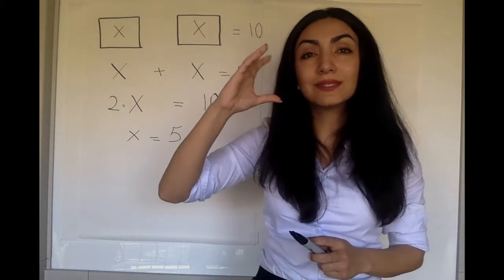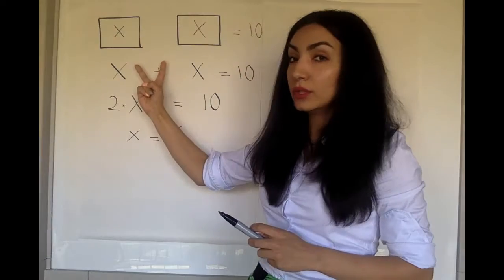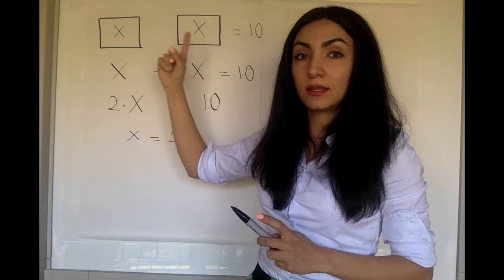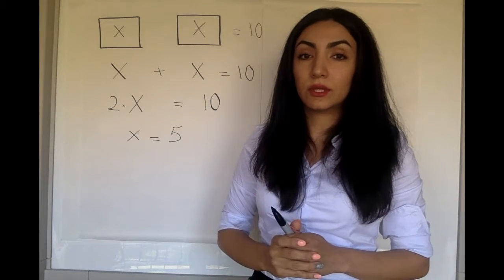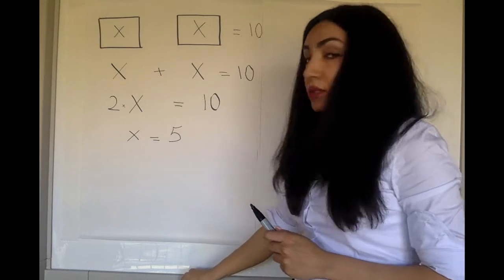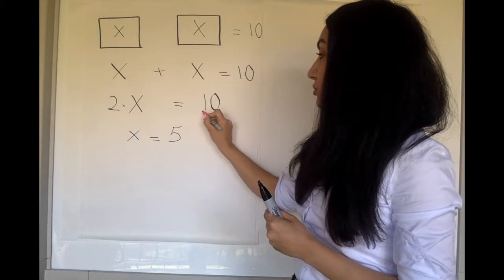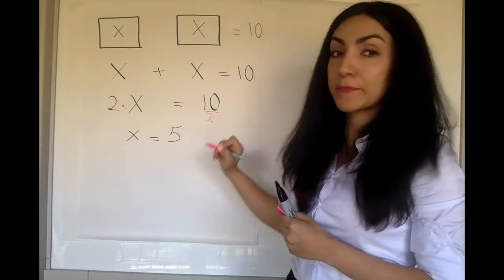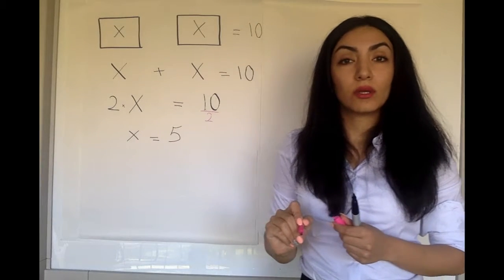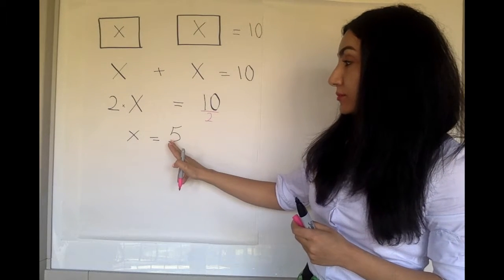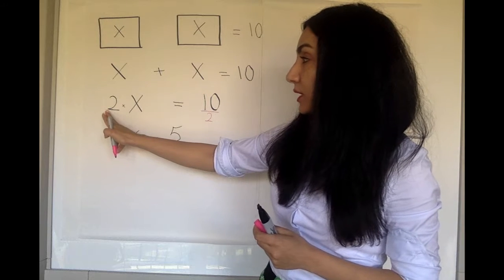So if I divide 10 by 2, then I'll find the number of marbles. So your brain automatically divided 10 by 2 to find 5. Look at this 2 here.